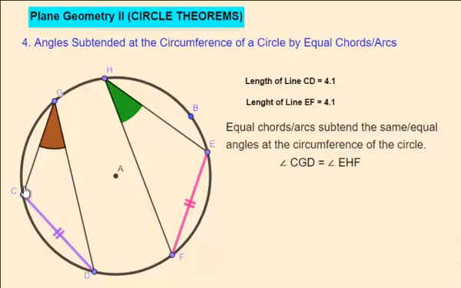After moving angle CGD on EHF, you observed that they were equal. So mathematically, we can say that angle CGD is equal to angle EHF.